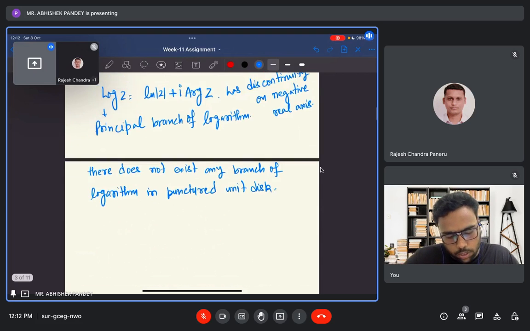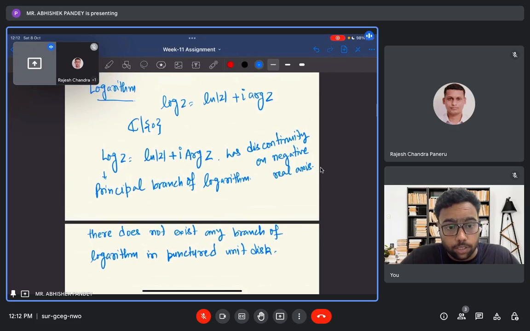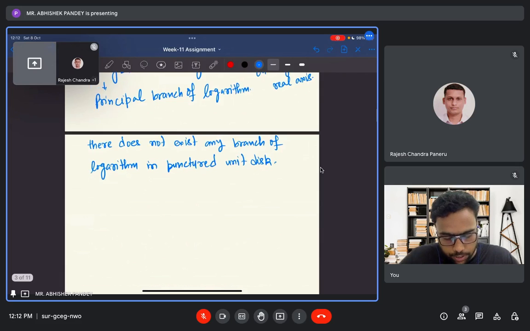Basically, here we have shown that any argument of any branch of logarithm will have a discontinuity on the line passing through the origin and making some angle theta with the positive real axis. All those lines will intersect with the punctured unit disk. So any branch of the logarithm will have a discontinuity in this punctured unit disk.